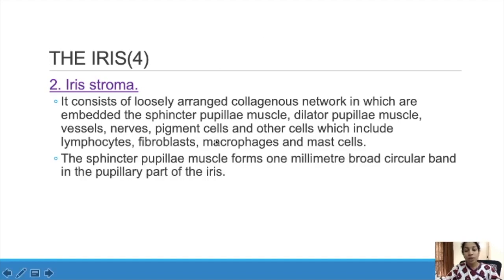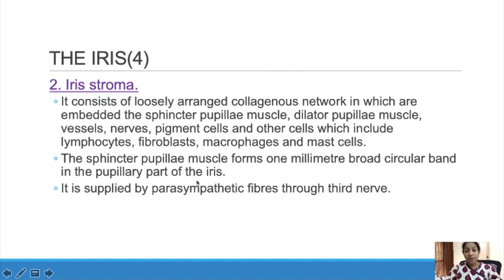The sphincter pupillae muscle forms a 1 millimeter broad circular band in the pupillary part of the iris. It is supplied by parasympathetic fibers through the third nerve and it constricts the pupil. So the constriction and dilation of the pupil depends on the muscles present in the stroma of the iris.